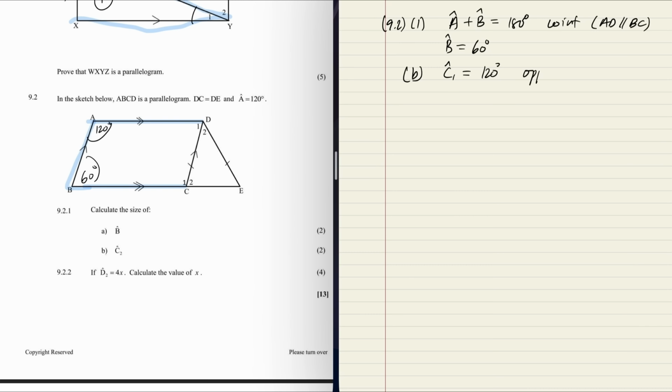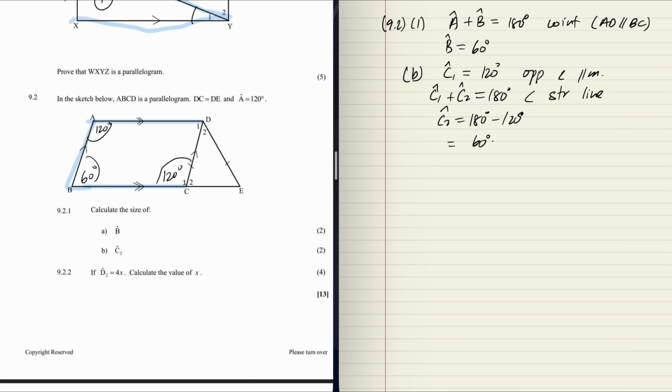If that's 120 degrees, C1 and C2 exist on a straight line, so C1 plus C2 is equal to 180. That's angles on a straight line. That means C2 is going to equal 180 minus 120, which is equal to 60 degrees.